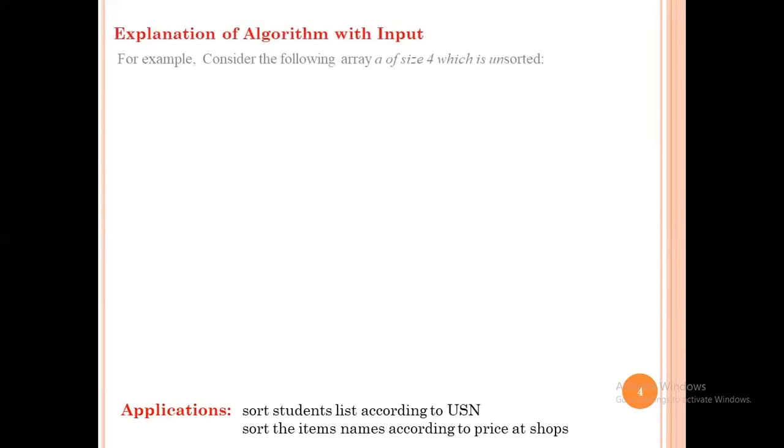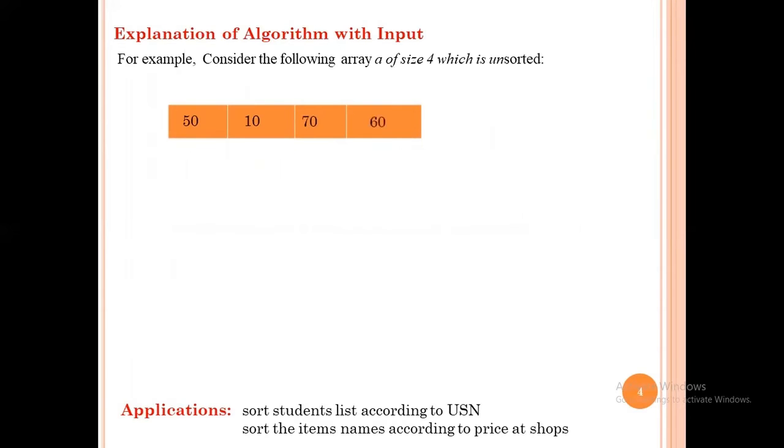Now consider algorithm with input. Consider an array A of size 4 which is unsorted. Here consider first element in the array is 50, second element is 10, third element is 70, fourth element is 60.